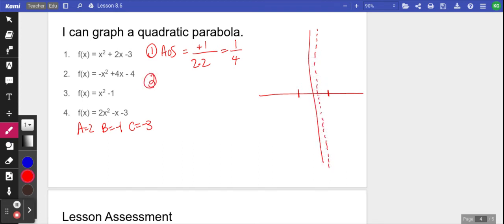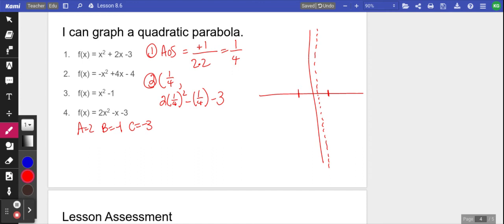So then for part 2, for the vertex, for 1/4, I'm going to take 2 times 1/4 squared minus 1/4 minus 3. I just have my phone calculator, so hopefully I can do this right. Minus 1/4 minus 3.